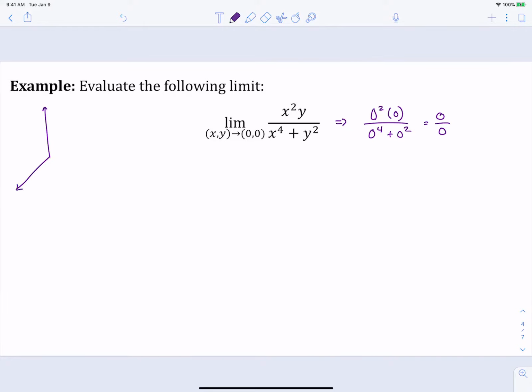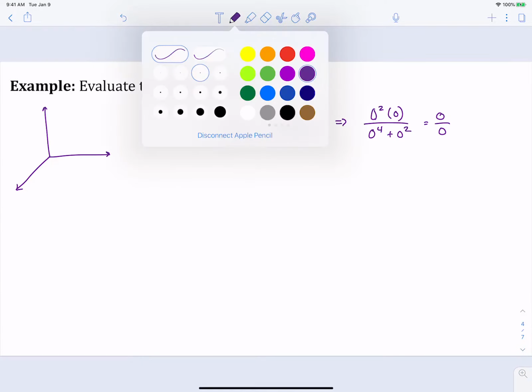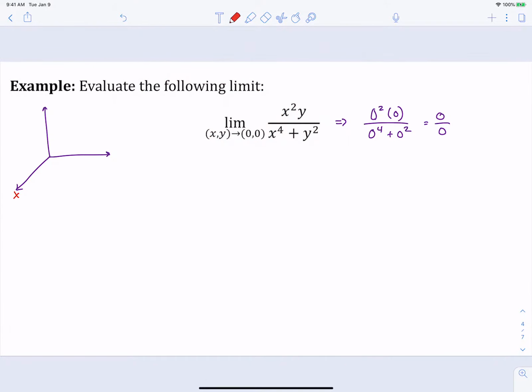So one of the paths that we could take to approach this point, so again, if we've got x, y, and z here, one of the paths that we could take is along the line x equals 0. So that is essentially the y-axis. So the line x equals 0, or the y-axis, that is a path towards that point.